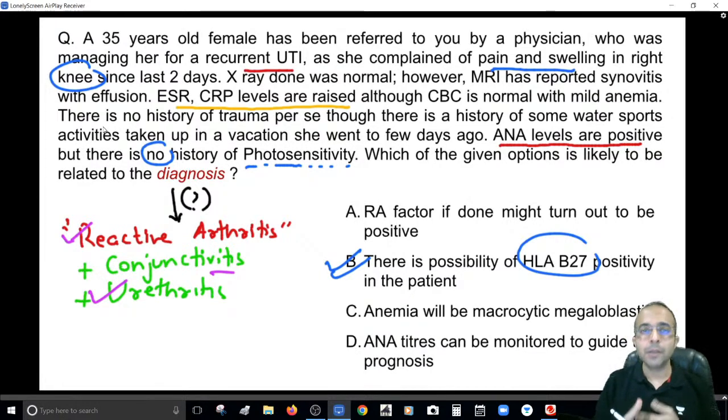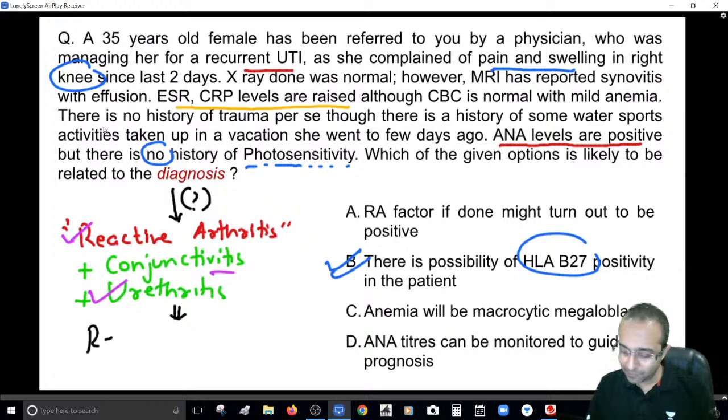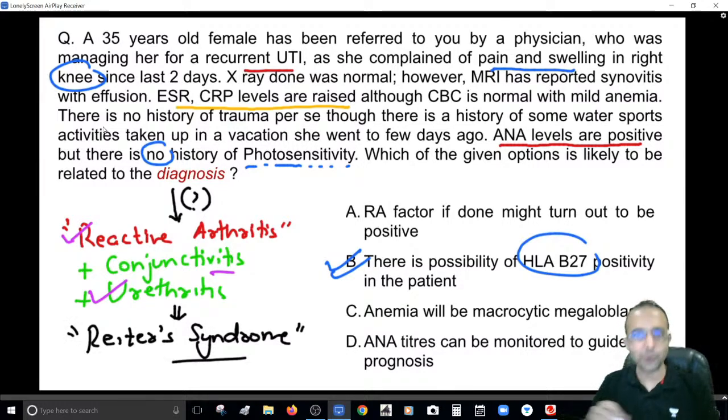If someday this lady also complains of eye symptoms, then you will have to change your diagnosis a little bit, because that is the stage where this lady will now become a case of Ritter syndrome. So Ritter syndrome is just when you have this triad of reactive arthritis plus conjunctivitis plus urethritis.